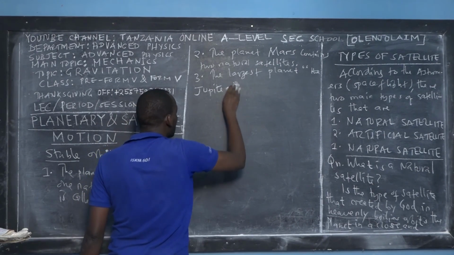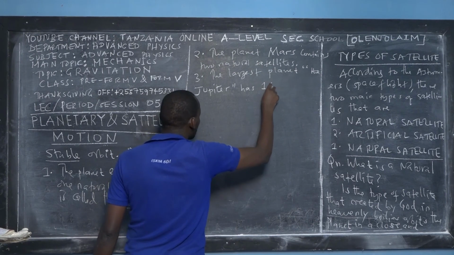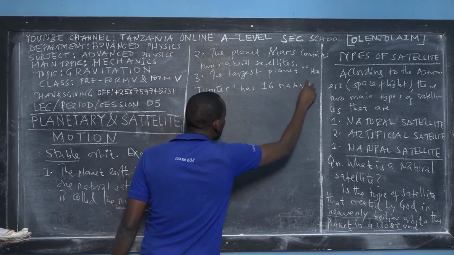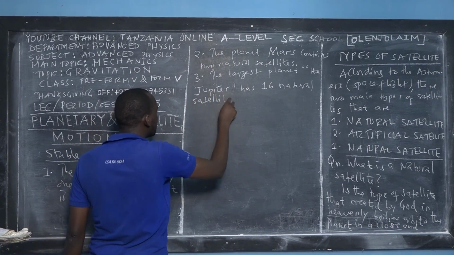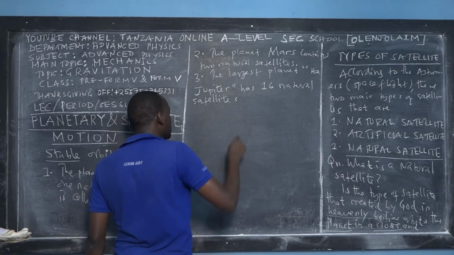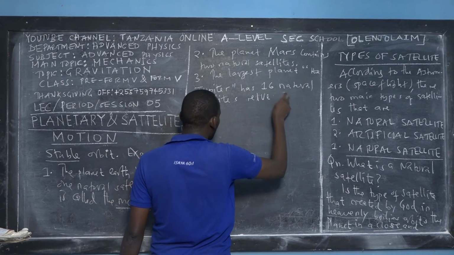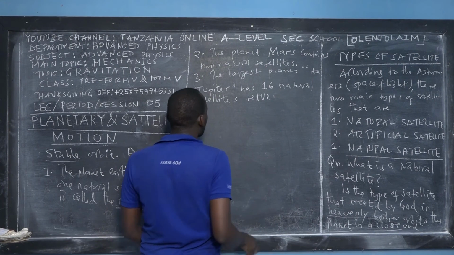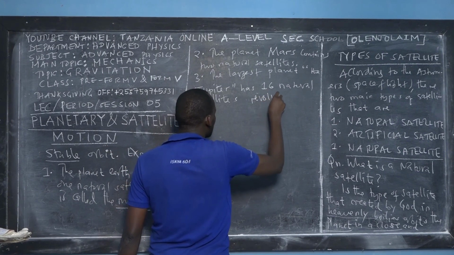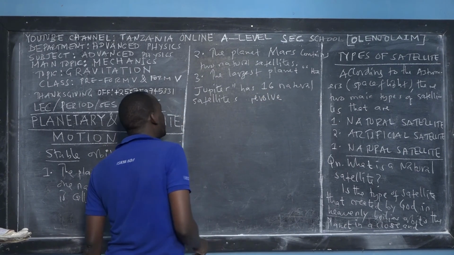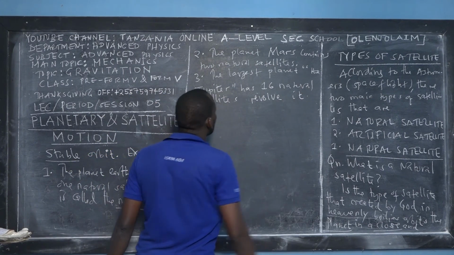Jupiter has 16 natural satellites revolving around it.